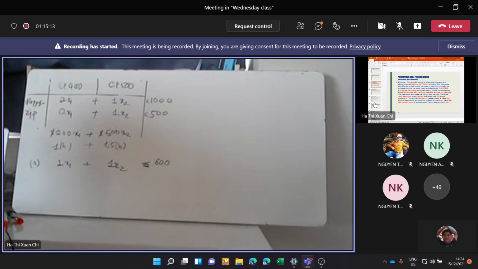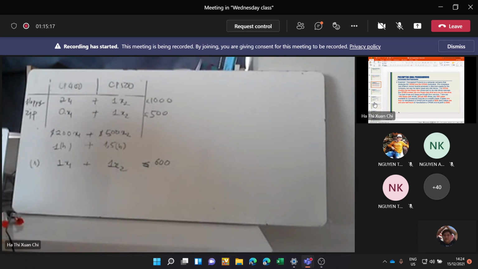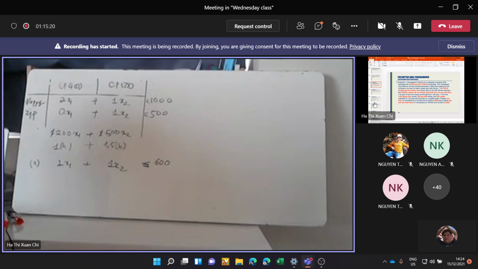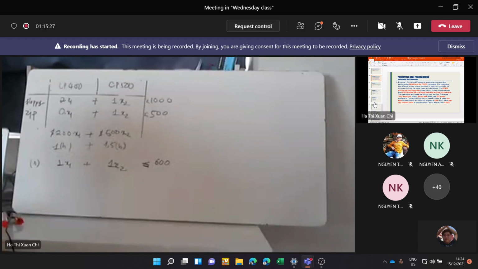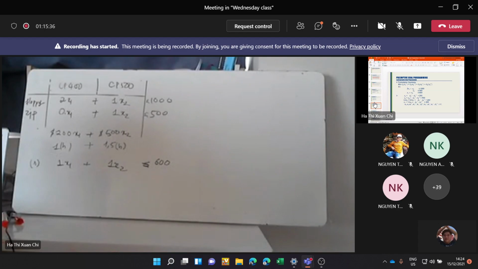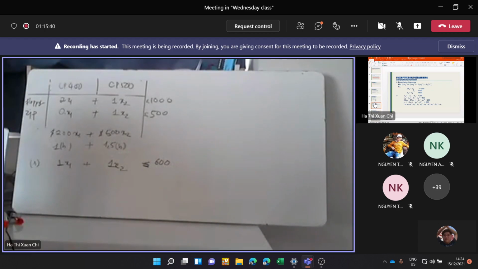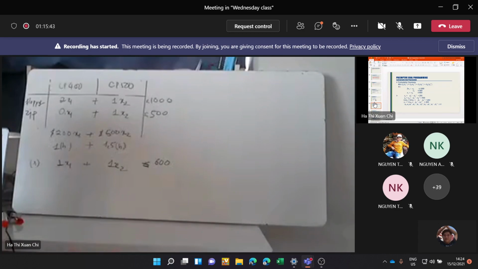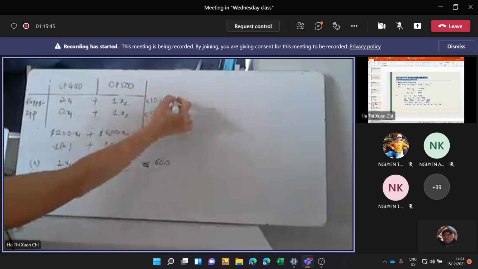Look at the constraint. Nothing money. That is hard constraint is okay, right?